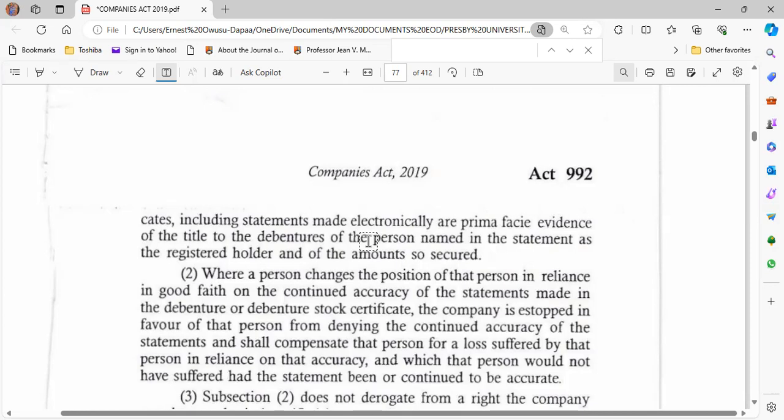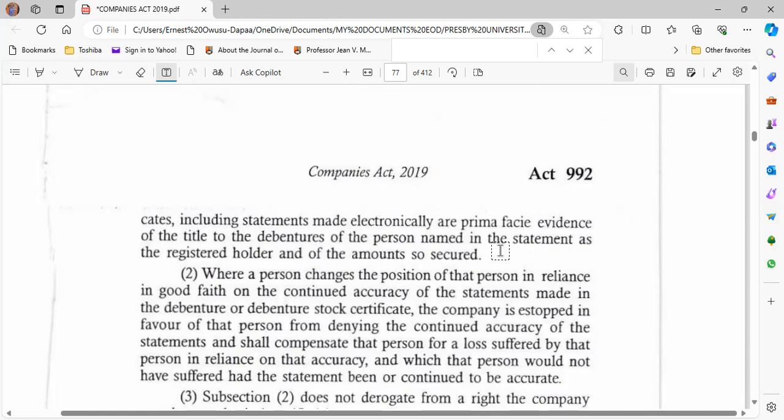Now, there can be consequences because just as a person can use a share certificate to go and raise a loan or do some other arrangements, in the same way, a person can also use his debenture certificate to go and raise a loan or do some other arrangements.